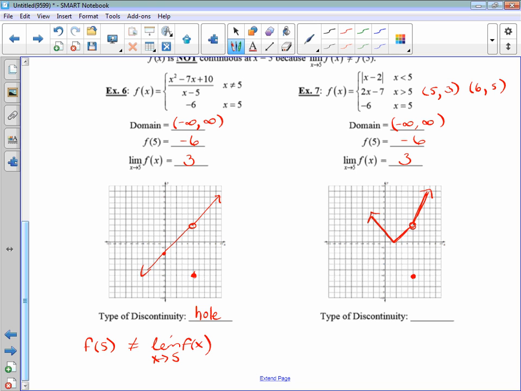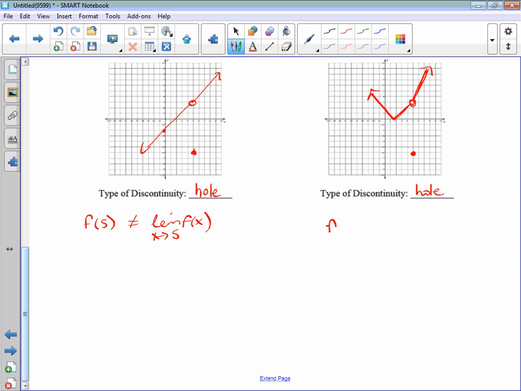So why is it discontinuous? It's a hole, and it's because f of 5 does not equal the limit of f of x as x approaches 5.